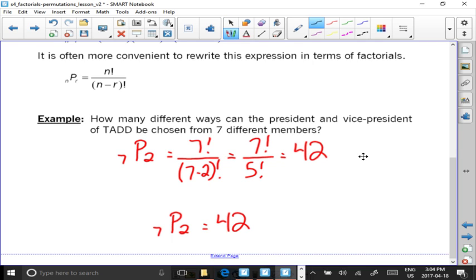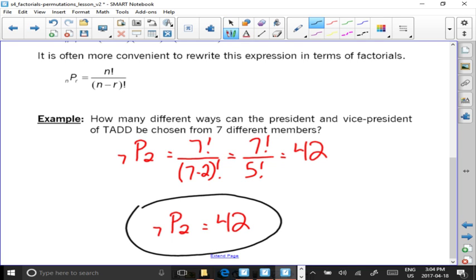So if you give me just this, I'm fine with it. If you want to do things the long way, because we didn't really even need to use the calculator, you could do it this way too. But it doesn't matter to me.